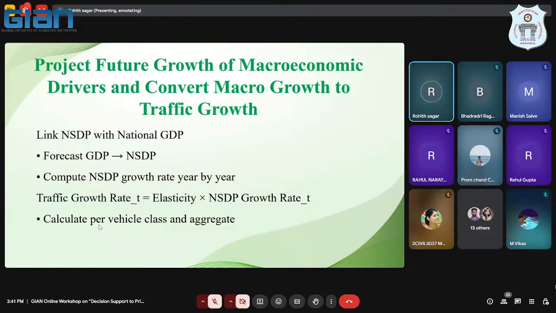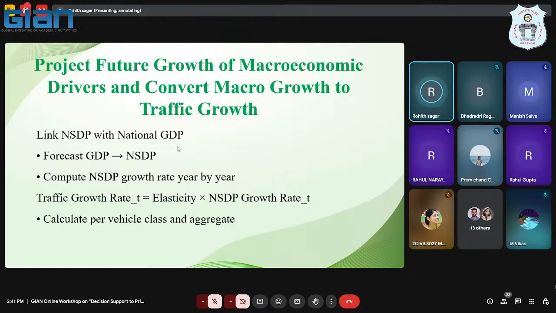At first we need to link that NSDP. NSDP is net state domestic product, which is like a state GDP, and we need to link it with the national GDP. We can't link it directly here. We need to extract the NSDP data for different years, like we have extracted before, like 2020, 2019.